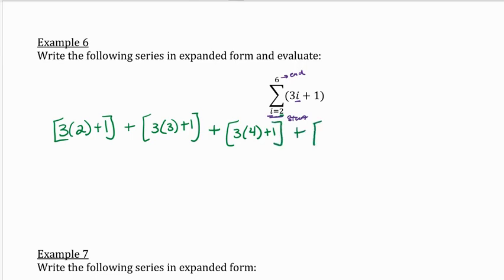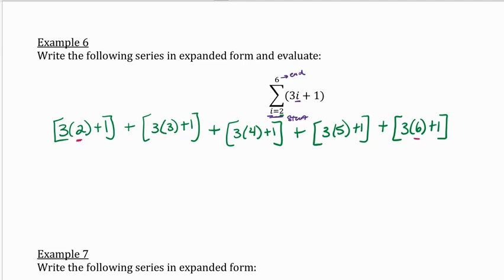And our next one would be 3 times 5 plus 1. And finally, 3 times 6 plus 1. Keep making the wrong parenthesis. There we go. Okay, so I started where i is 2. I went up by 1 each time, so 3, 4, 5, and then I stopped when I got to 6.